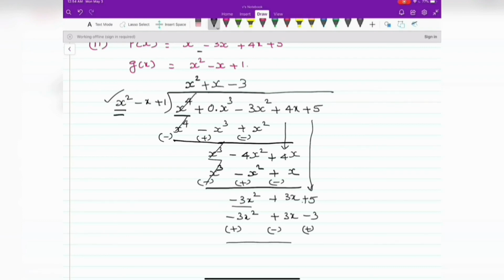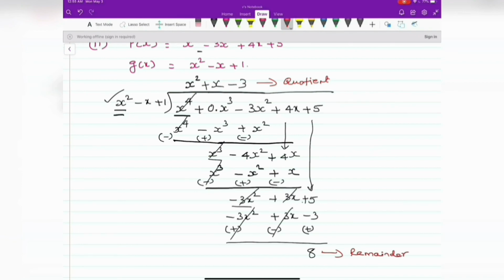You will be getting minus 3x square and plus 3x square will get cancelled. Plus 3x minus 3x will get cancelled. Plus 5 plus 3 will give me 8. So, this will be the quotient and 8 will be the remainder.